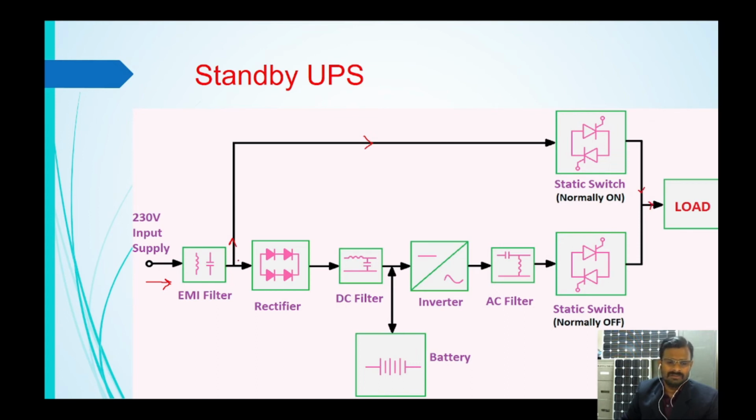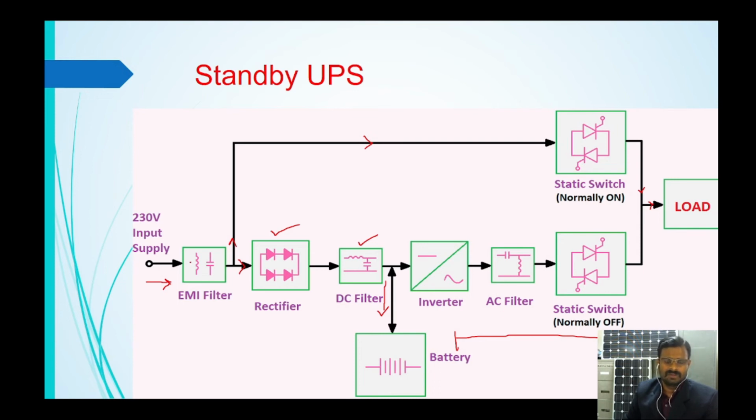And meanwhile, the rectifier unit converts the AC supply into DC, and the DC filter removes the noise produced by the rectifier unit, and it feeds the battery to charge. So two things are happening in this normal mode of operation. During this time period, our inverter and AC filter are in silent mode, so they are not going to do any function.